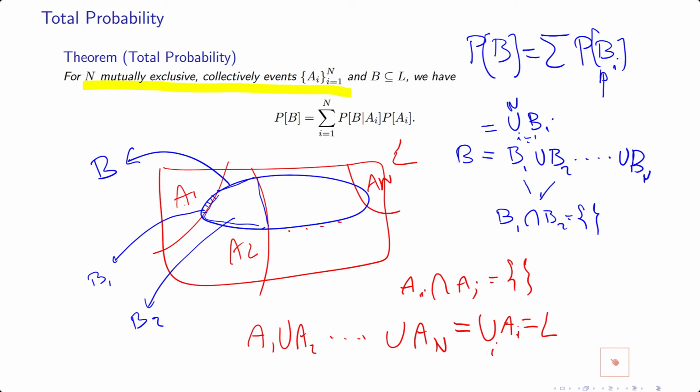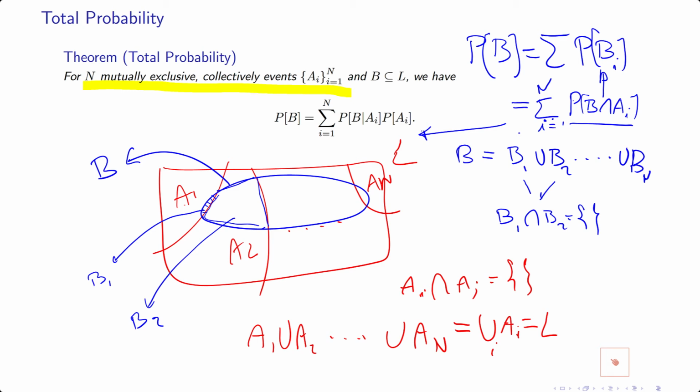So what I concluded is that this is equal to the summation over i equal 1 to n of the probability of B intersection with Ai.